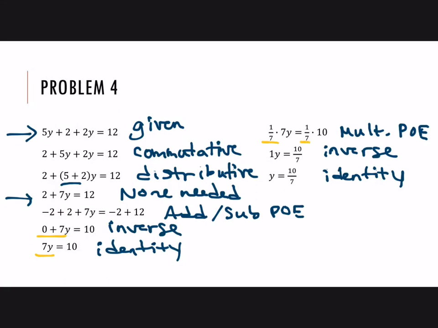That's the multiplication property of equality. You could also say division. It's like dividing by 7. And then next, 1/7 times 7 becomes 1. So that's the inverse property. And then finally, 1y becomes y. That's the identity property, that 1y equals y.